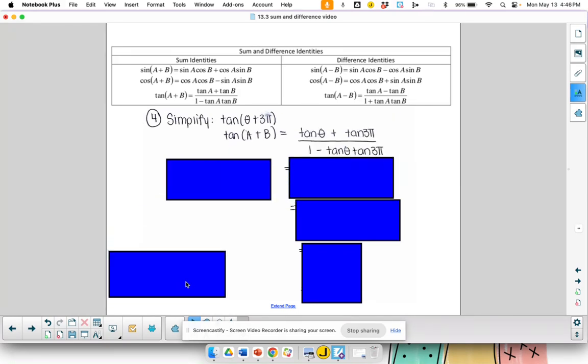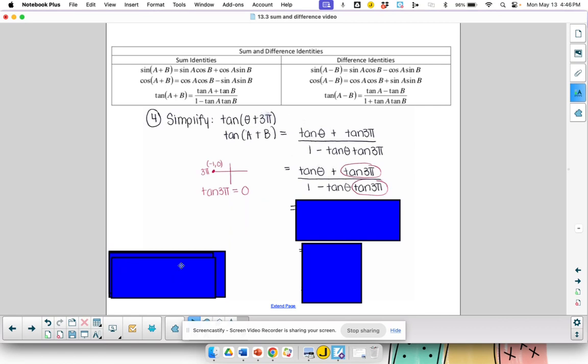So there we go. And then I don't know what tangent of theta is. Theta just represents some sort of angle, which I don't know. But I do know what tangent of 3 pi is. So everywhere there's a tangent of 3 pi, I'm going to replace those values with whatever tangent of 3 pi is.